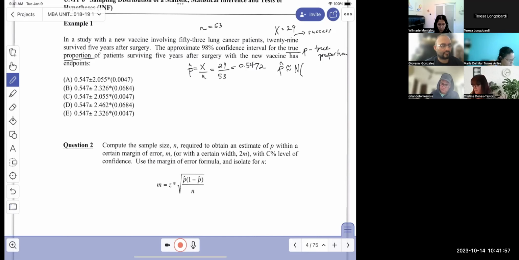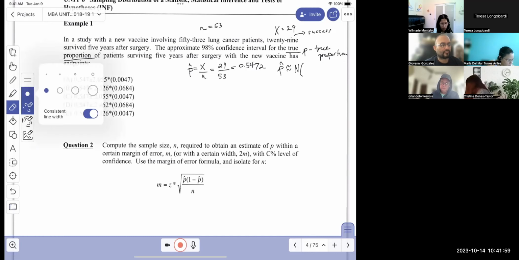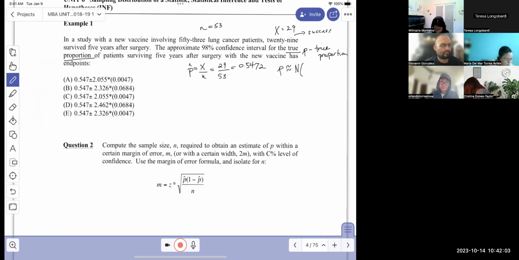Go back to your formula sheet and see. The same as P. Yeah, so on average, the mean is P, and what's the standard deviation?